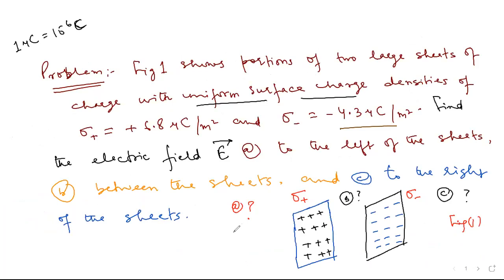So E plus is away from the sheet. So E plus here will be oriented this way. This is my E plus. Here it will be oriented this way between the sheets.